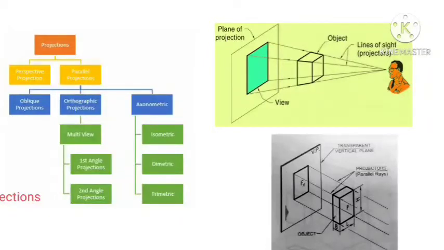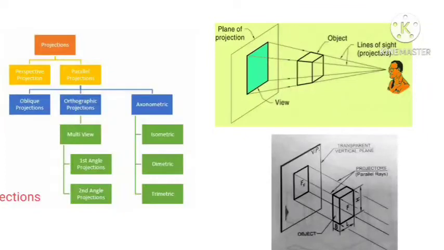So in this subject we are going to cover only the orthographic projection. When you make the lines parallel to each other, that is the line of projectors, then you will get a projection, and the views you will get as a result of that particular projection will be of true size and true shape.